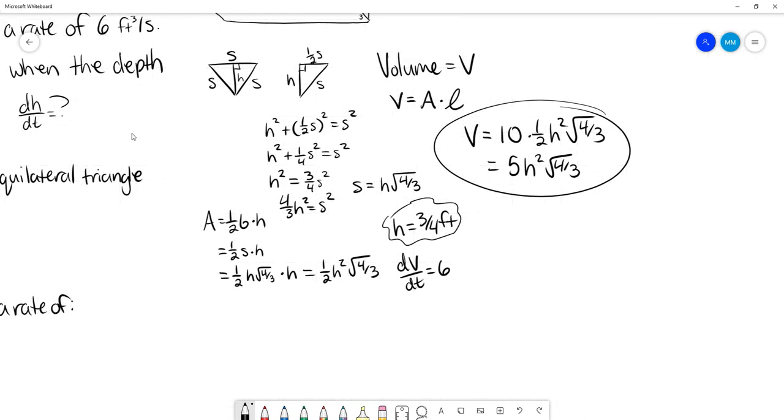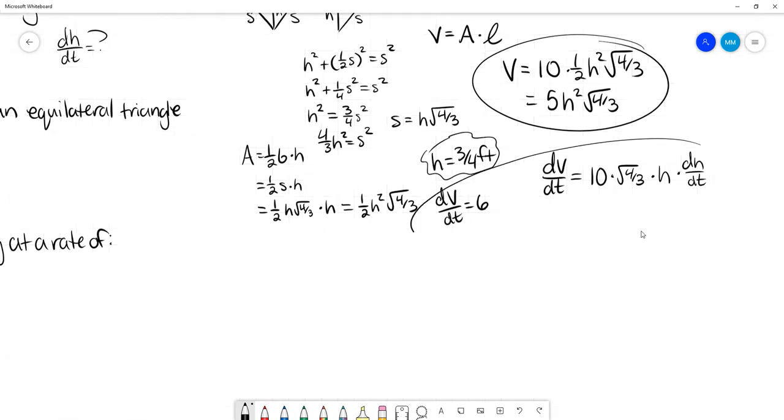Yeah, it was 6. So if I take the derivative of this to find our dV/dt, well, this is a constant times a variable. So the derivative of H squared is going to be, so it's 2 times 5 is 10. And I'm just going to move this in front times that times H, right? Because I subtracted 1 from my exponent, times dh/dt.